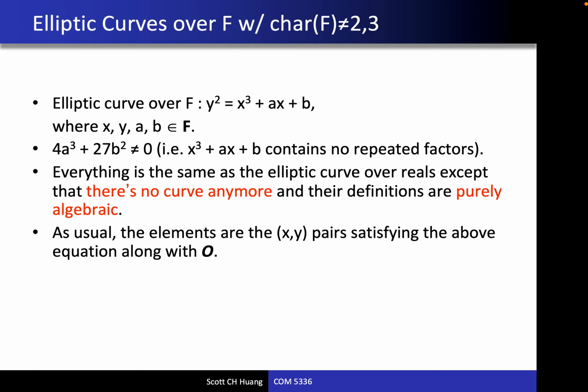If we're using an elliptic curve over a finite field whose characteristic is not 2 or 3, then there's no problem. We can pretty much use the same set of formulas we used for the elliptic curves over real numbers.